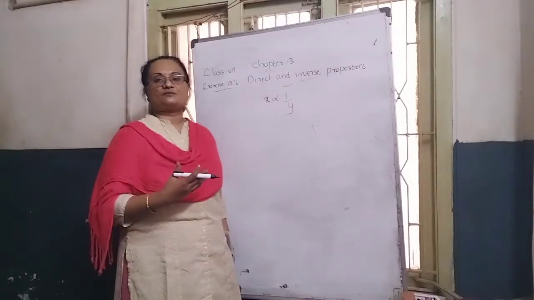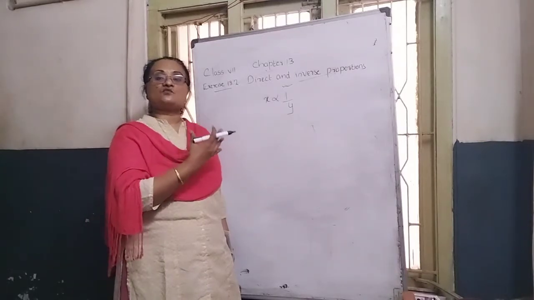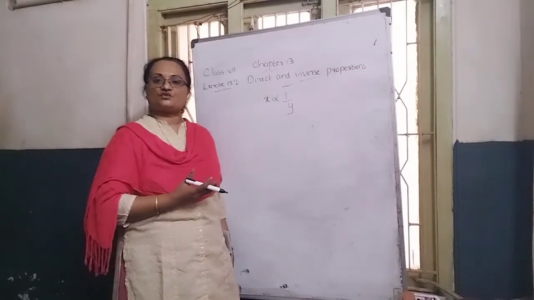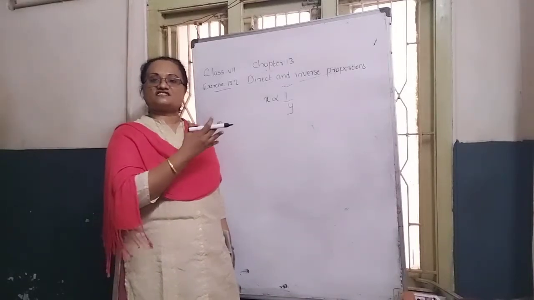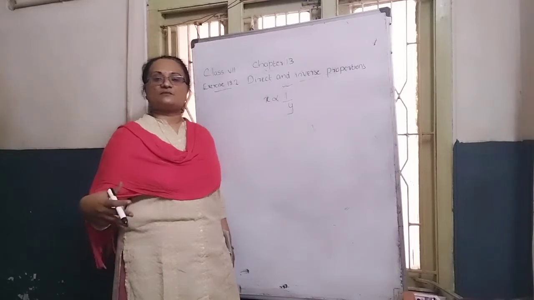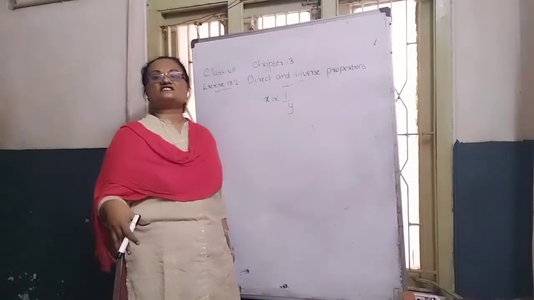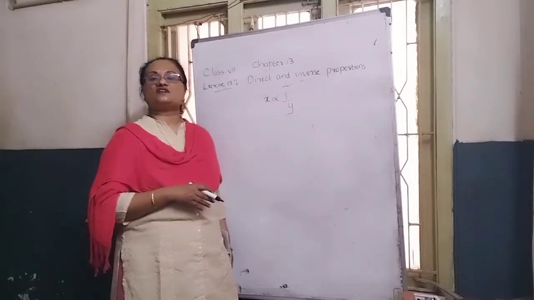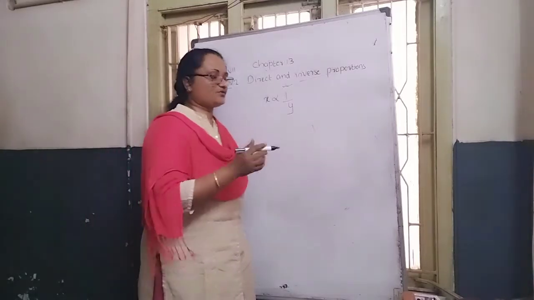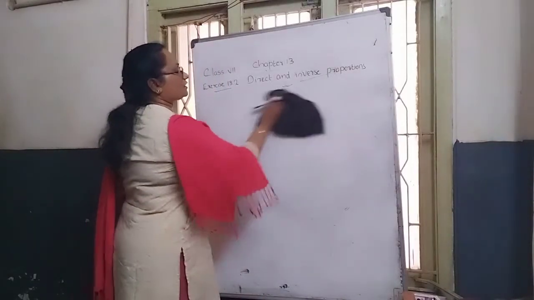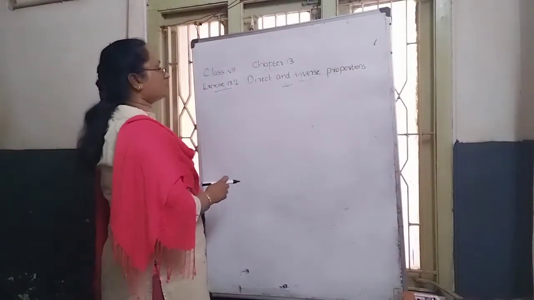Or another example: when the number of workers is more, they take fewer days to complete the work. One is increasing, another is decreasing. That situation we call an inverse proportion. Using this, we can learn about some problems in 13.2.